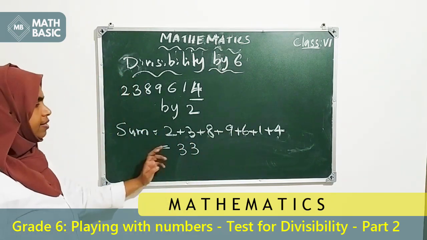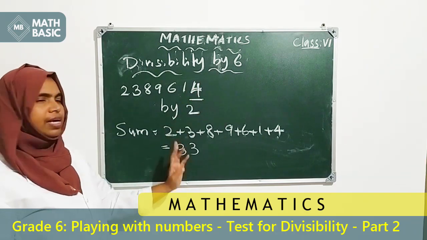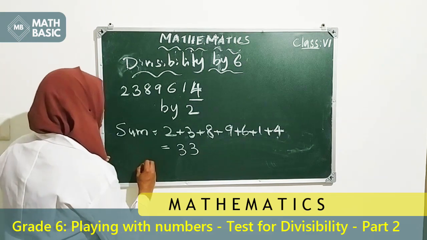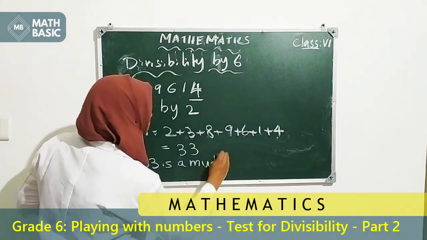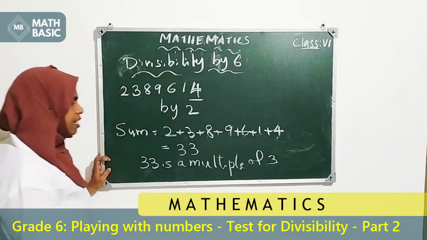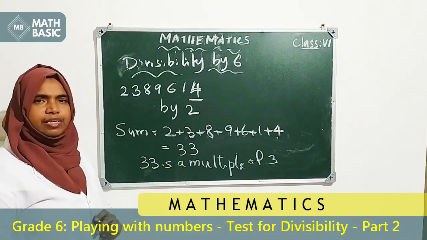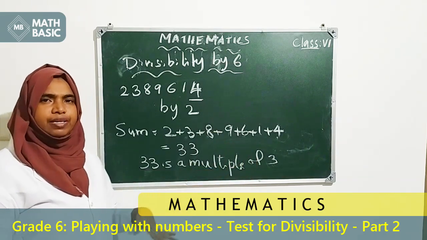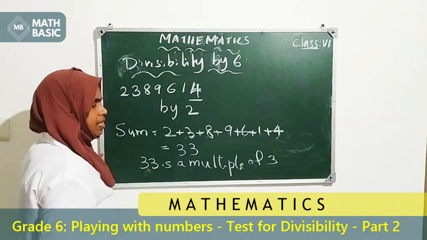We know that 33 is a multiple of 3, or we can say that 33 is divisible by 3. If we divide 33 by 3, there is no remainder.